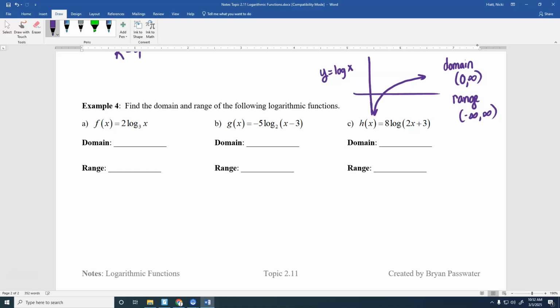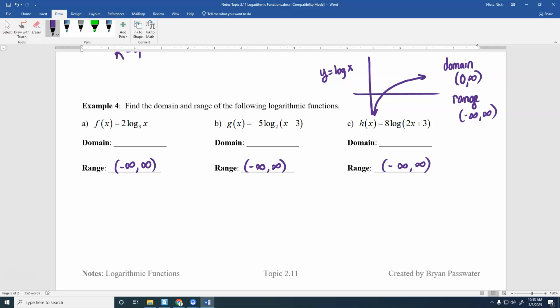So we could, looking at these functions, go ahead and just put negative infinity to infinity on all of these. So that's something to memorize. Like all log functions should have a range of negative infinity to infinity. That goes along with your end behavior, because your end behavior, you should always get positive and negative infinity, and they should be going opposite directions, which means your range should be negative infinity to infinity.